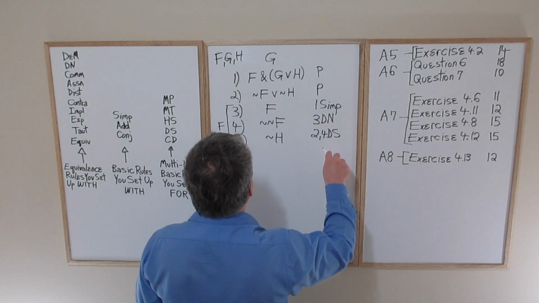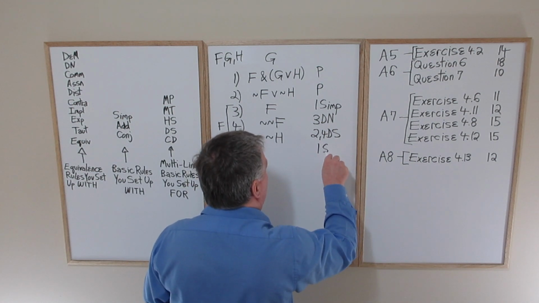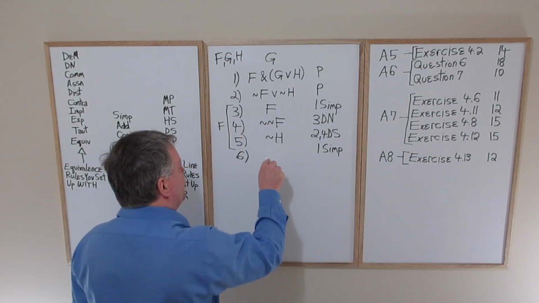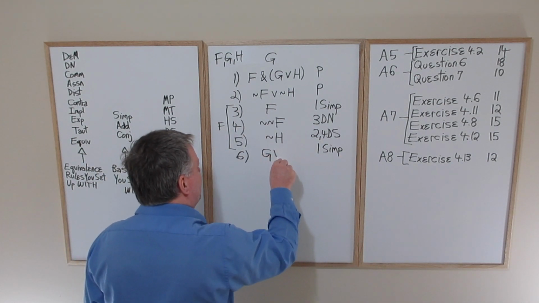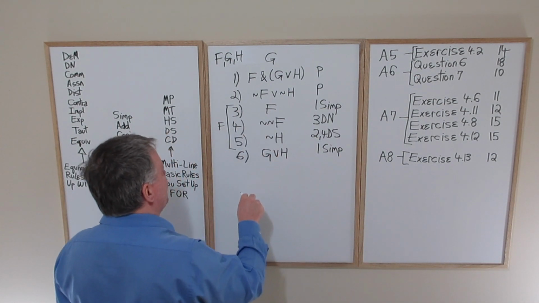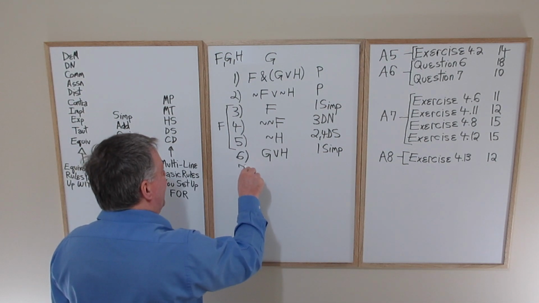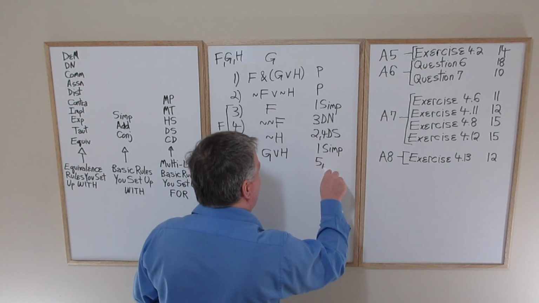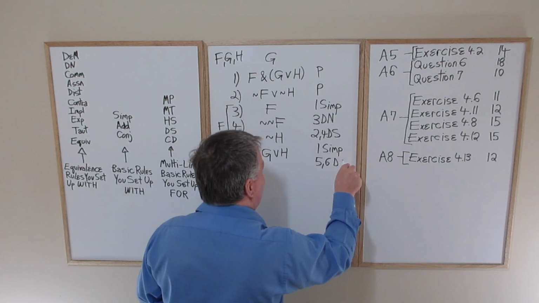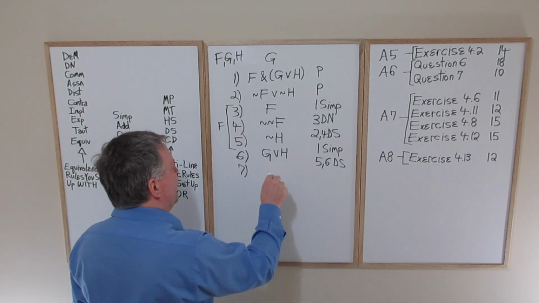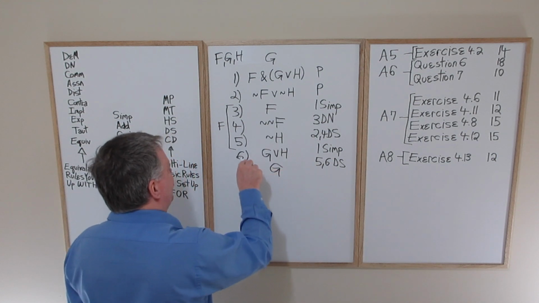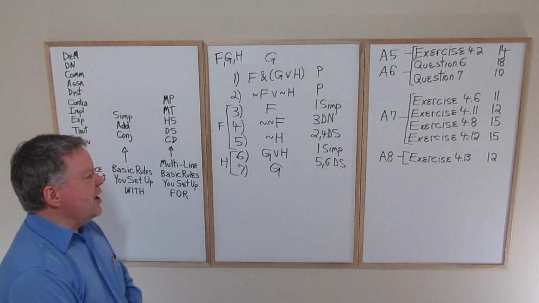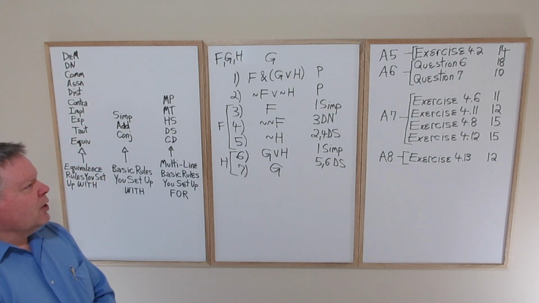Here we can do a second simplification to get the disjunction G or H, and that's all that's necessary to end off with a second disjunctive syllogism, 5 and 6, to give us G. So that's the H stage.